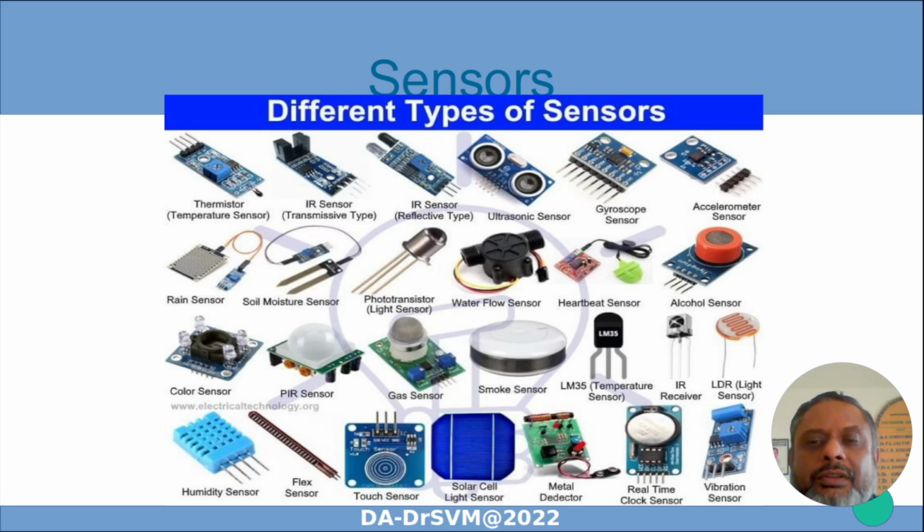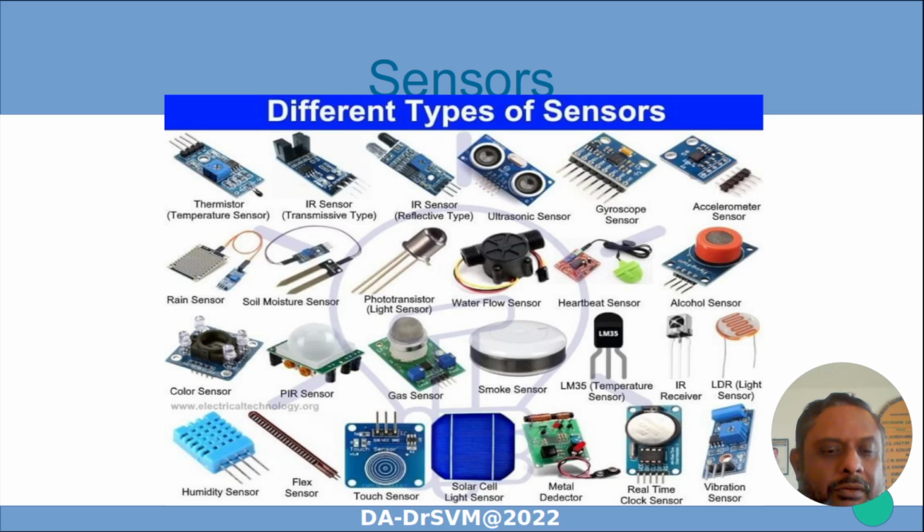A lot of sensors are available, like temperature sensors. We can have distance sensors using IR or using ultrasonic. We have gyroscope, accelerometer, rain sensor, soil moisture sensors, water flow sensor, heartbeat sensor, alcohol sensor, color sensor, PIR sensor, gas sensor, smoke detector.